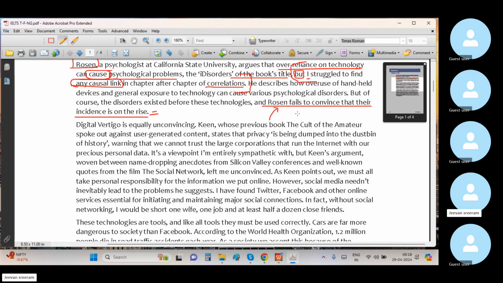The author couldn't find any correlation, as mentioned by Rosen, between over-reliance on technology and psychological problems. And also, the author mentioned that Rosen failed to convince that the incidence of psychological problems is on the rise.